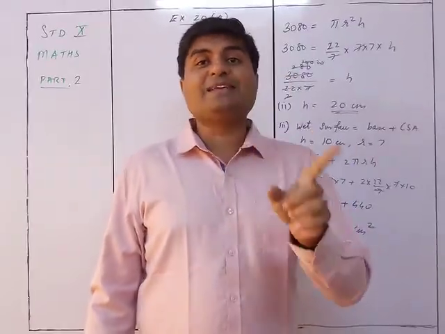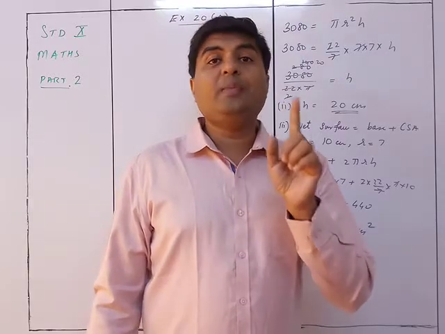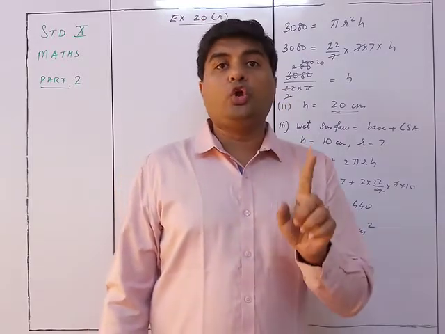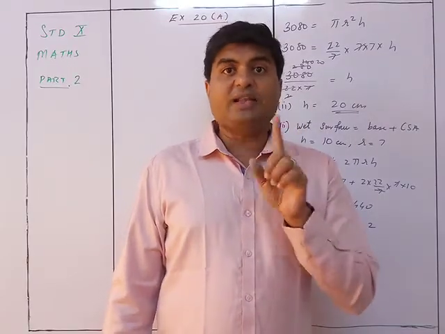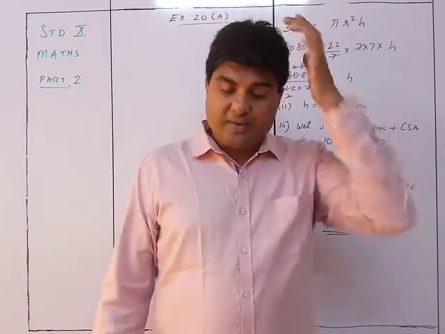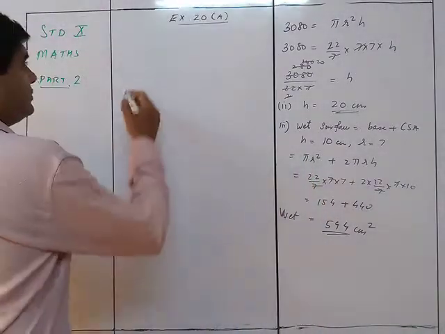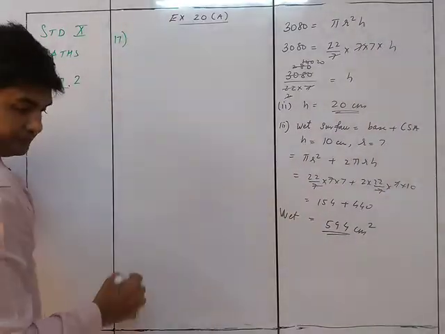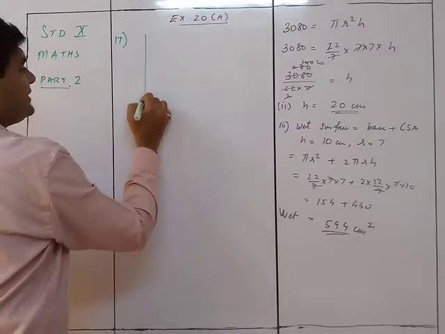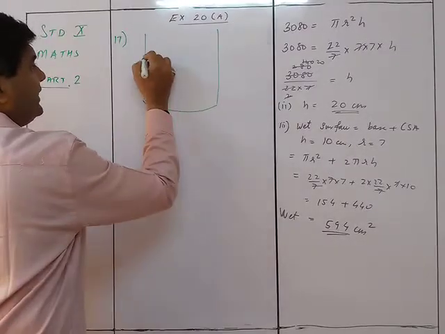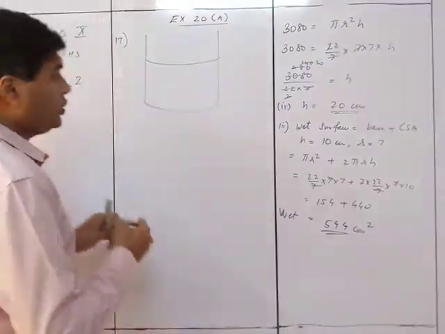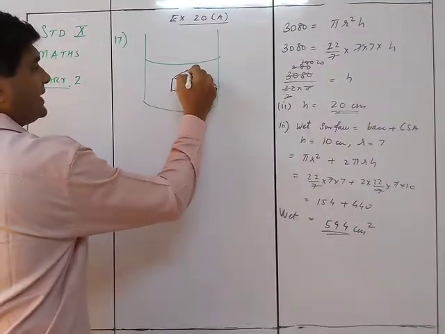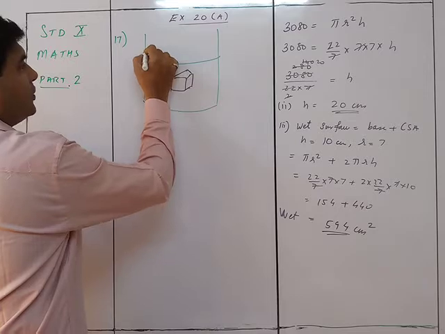So the rise in the water level will be equal to the volume of the cube. Is it clear? So it will be this way. Sum number 17. If this is the cylindrical vessel, which was filled up to here, when I put this particular cube inside, the level is going to go up like this.